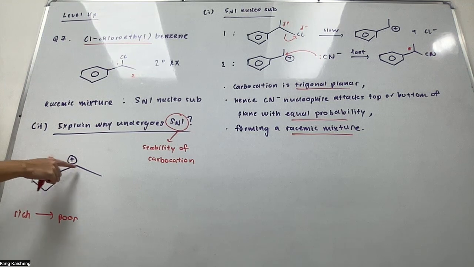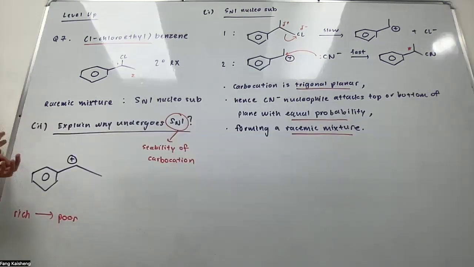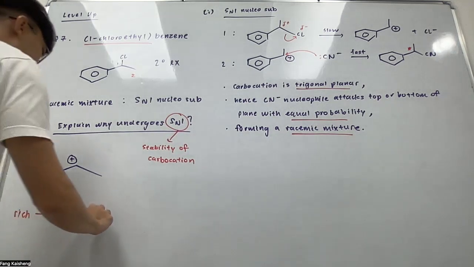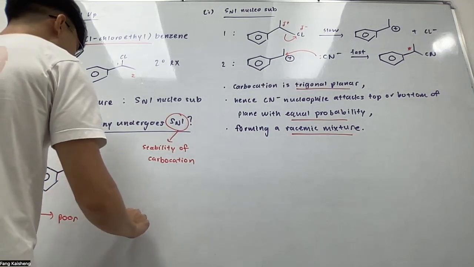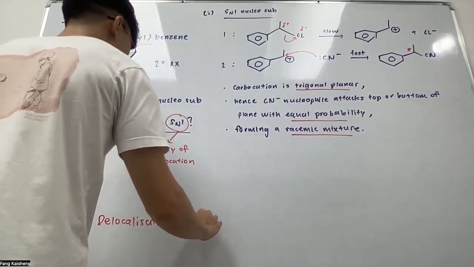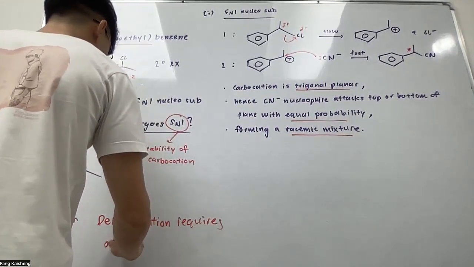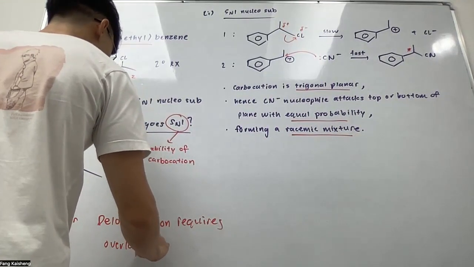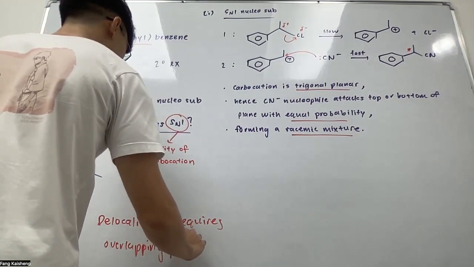Why can this happen? Before delocalization happens, they must what first? We went through this just now. For delocalization to happen, it always requires overlapping p orbitals. Write this down also: delocalization always requires overlapping p orbitals. So talk about the p orbitals first.